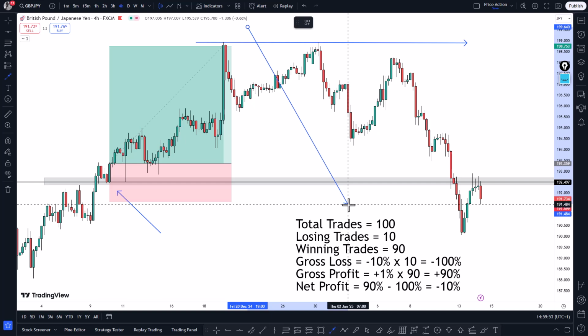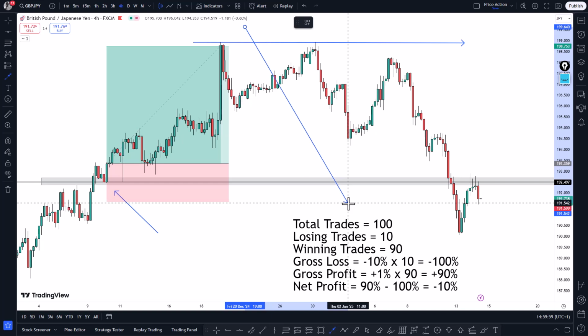At the end of the day, you need to put yourself in a situation where, after you take a large number of trades, you let the law of large numbers play in your favor, okay?